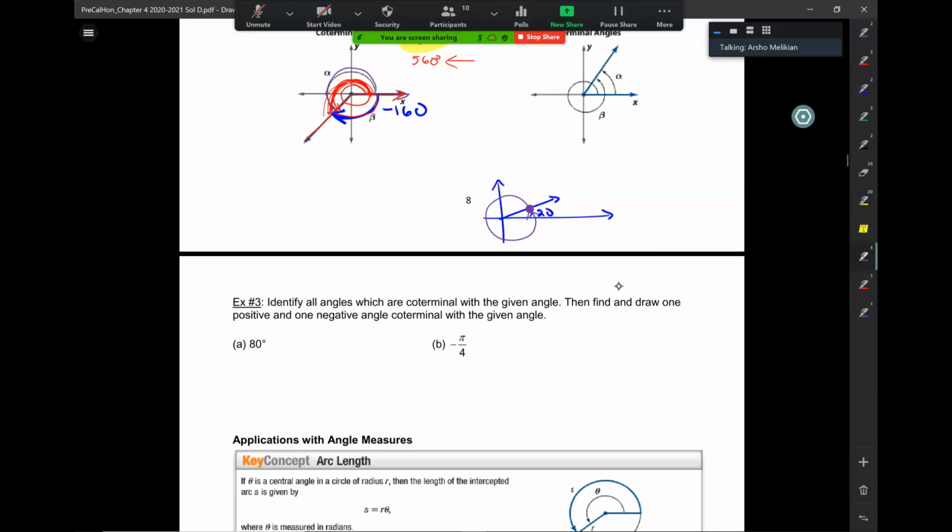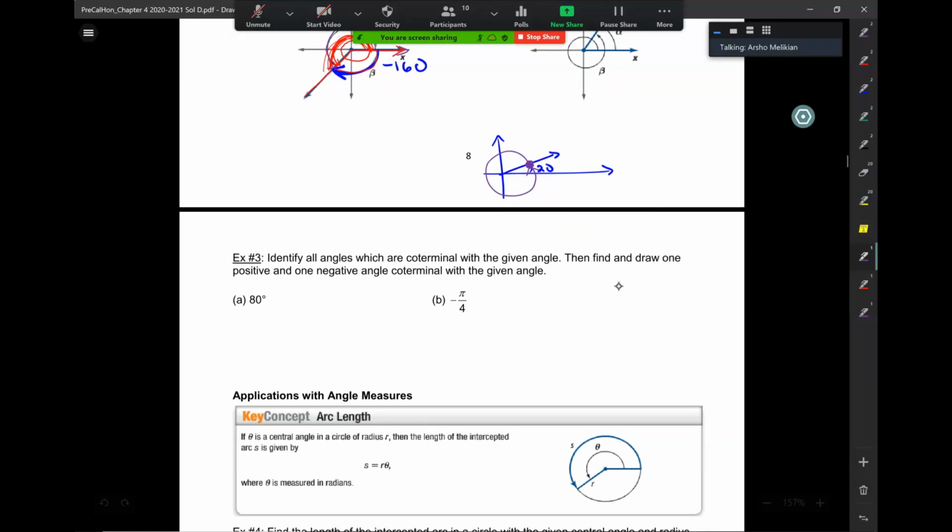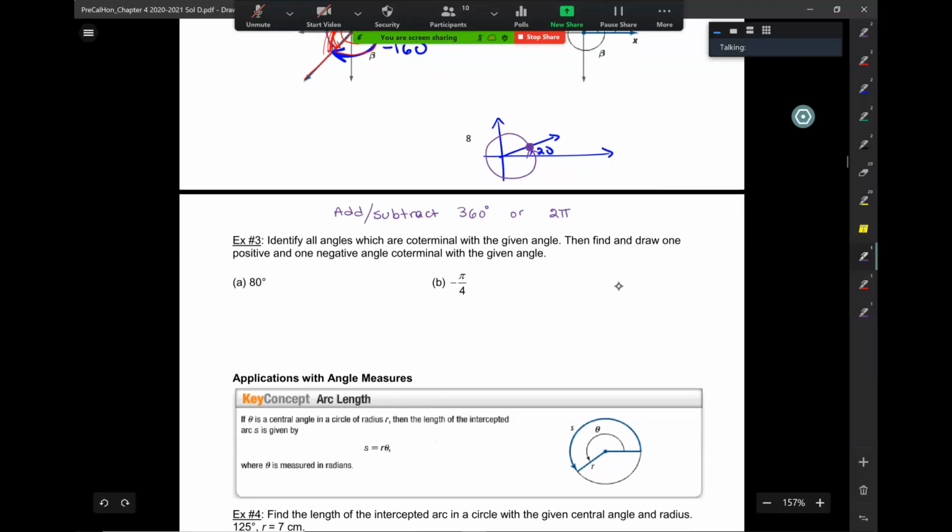Totally cool. So we can add multiples of 360 and get back to the same point. So to find coterminal angles, we add or subtract 360, or in radians 2 pi. That's to find the coterminal angle? Correct.